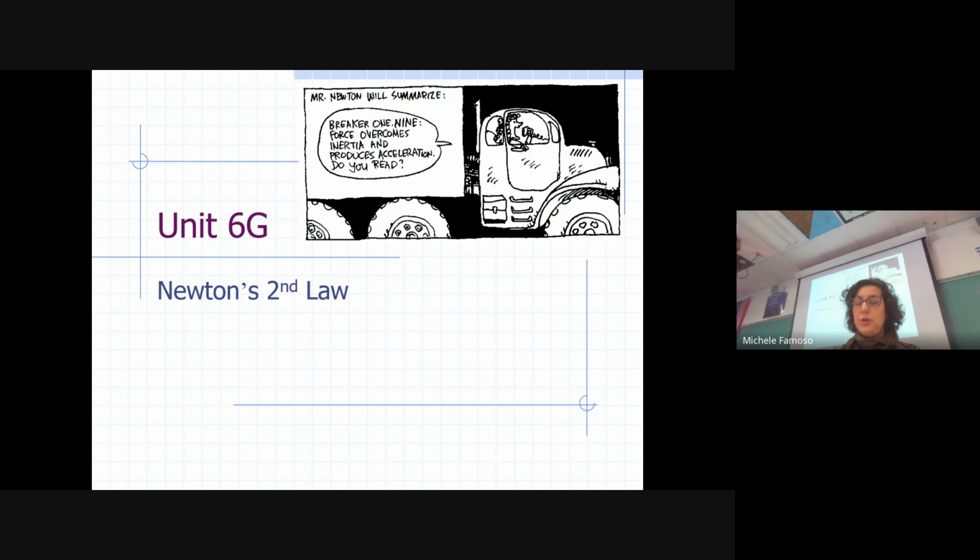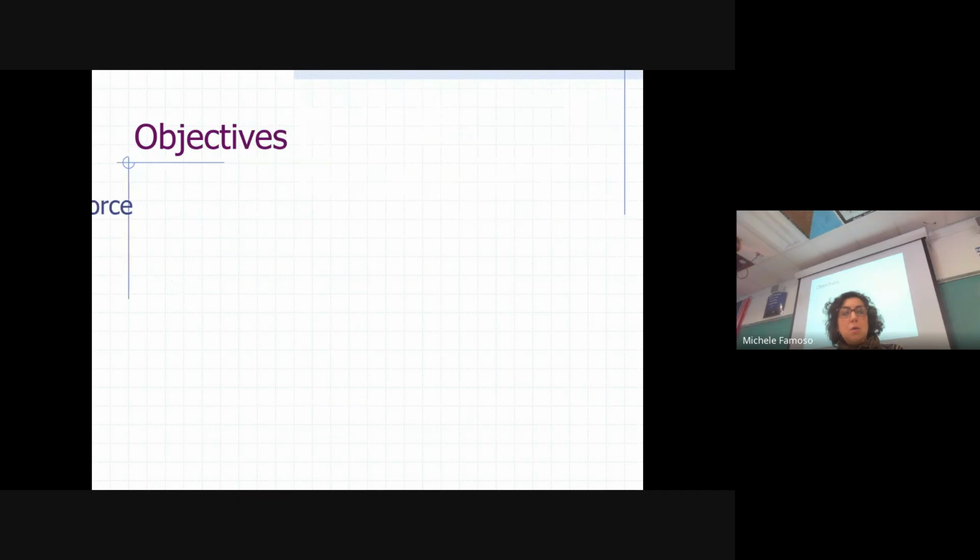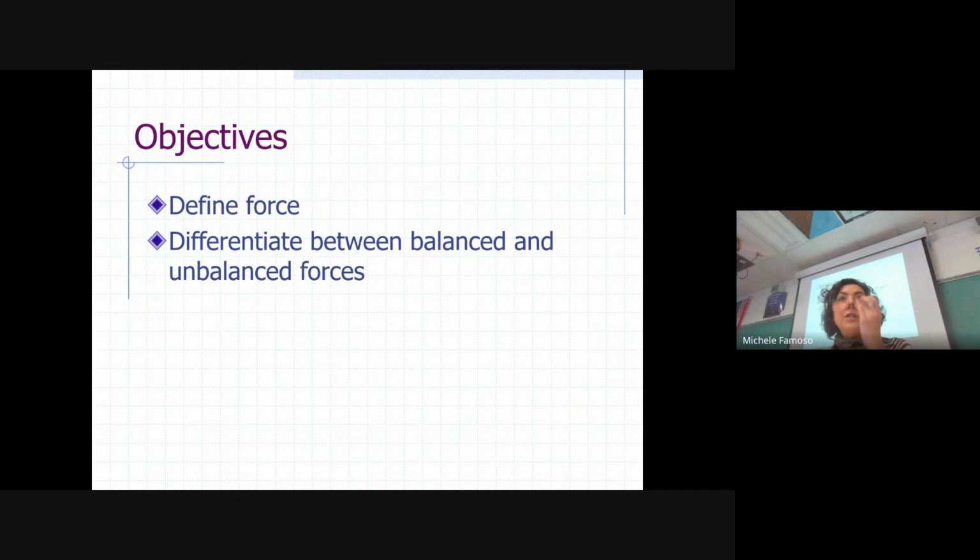Okay, Newton's second law. What I'll ask you to do on the quiz on this, which will be Thursday this week, we spent 3 full class periods working on this, so that's why it's going to take us a little while. I'm going to ask you to define the term force. I'll ask you to differentiate again between forces which are balanced and those which are unbalanced. So far, everything here is review.